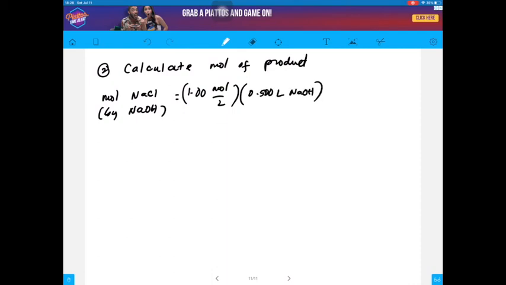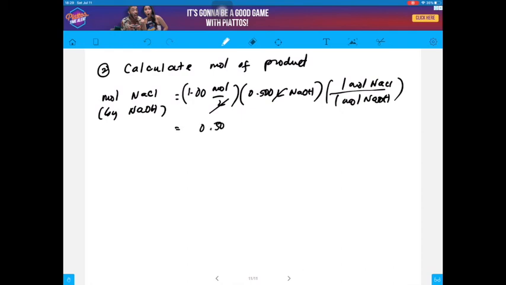So that gives us moles of sodium hydroxide. Then using the mole ratio, 1 mole of sodium hydroxide produces 1 mole of sodium chloride. So finally, we have 0.5 moles of sodium chloride produced.